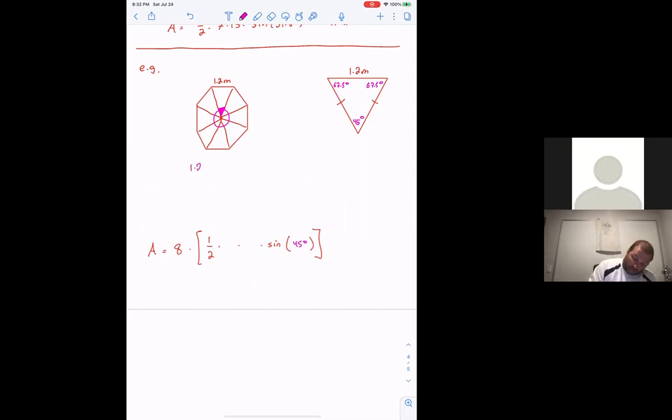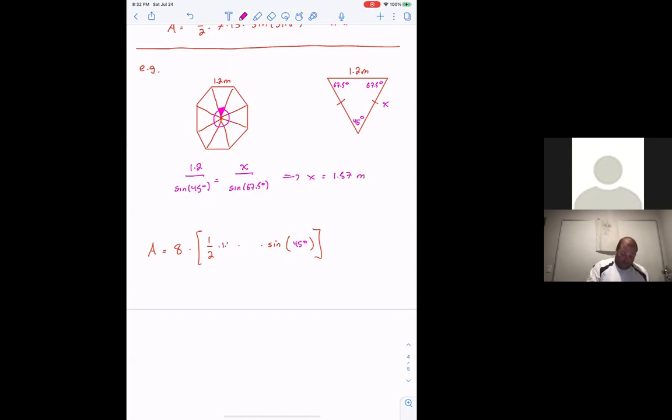So 1.2 divided by sine of 45 degrees equals a currently unknown x divided by sine of 67.5 degrees. So sine of 67.5 degrees times 1.2 divided by sine of 45 degrees. This tells me that x, the unknown side, is approximately 1.57 meters.